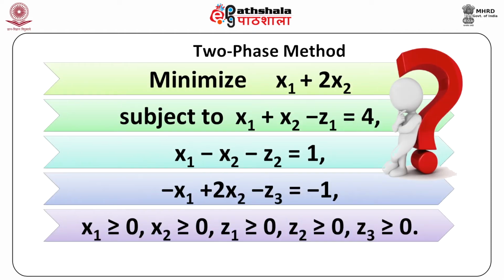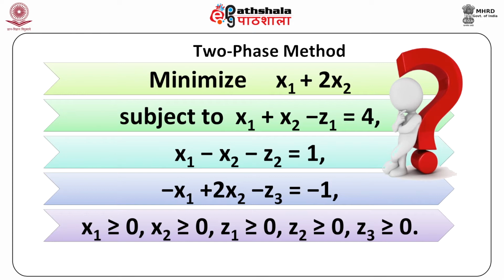Minimize x1 plus 2x2 subject to x1 plus x2 minus z1 equals 4, x1 minus x2 minus z2 equals 1, and minus x1 plus 2x2 minus z3 equals minus 1, with x1, x2, z1, z2, z3 all greater than or equal to 0.